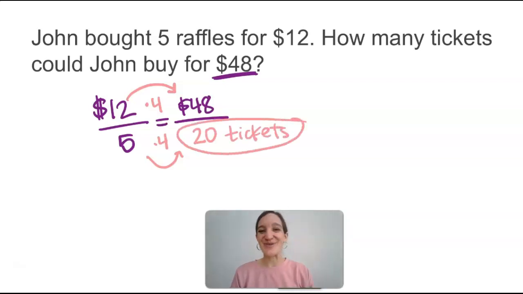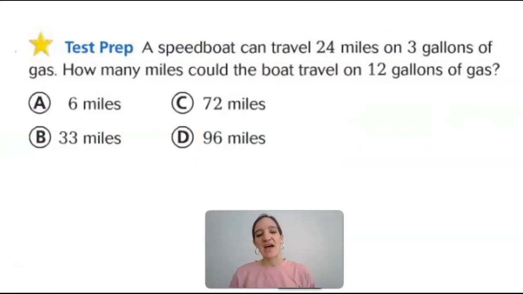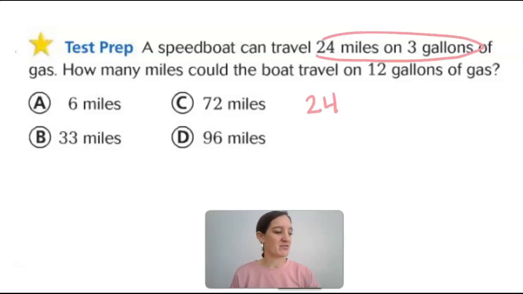How'd you do on that one? Pretty good? Okay, let's do one more. Let's kind of do a test prep one. A speedboat can travel 24 miles on 3 gallons of gas. How many miles could the boat travel on 12 gallons of gas? All right, let's do the first ratio, 24 miles on 3 gallons. And now where am I going to put the 12?